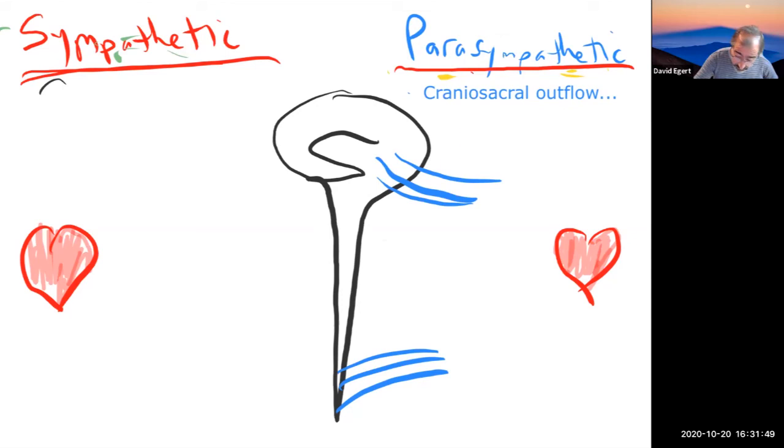In fact, something around 70% of parasympathetic innervation is coming down. What's the only cranial nerve that wanders out of the head and goes into the body? Vagus nerve. So 70% of the parasympathetic innervation is coming down the vagus nerve.